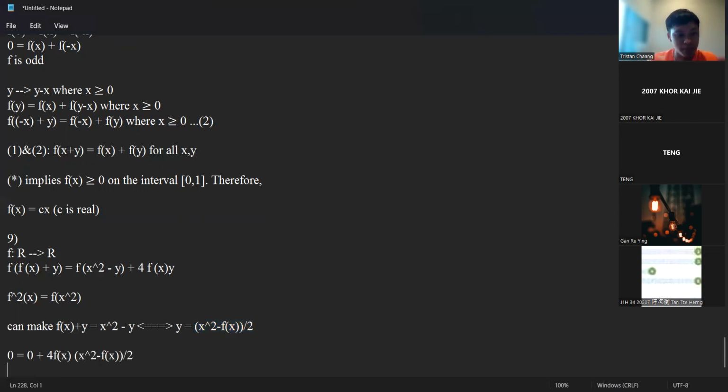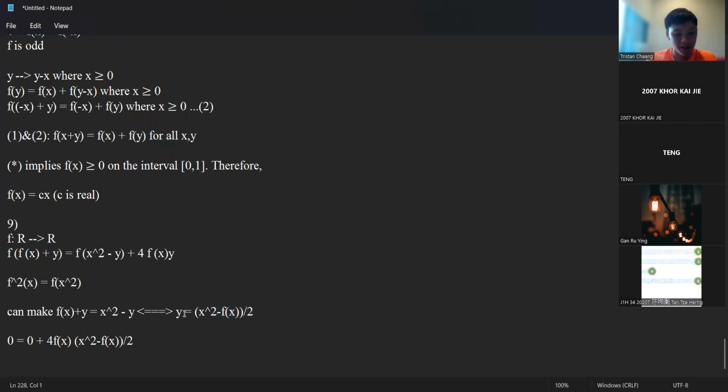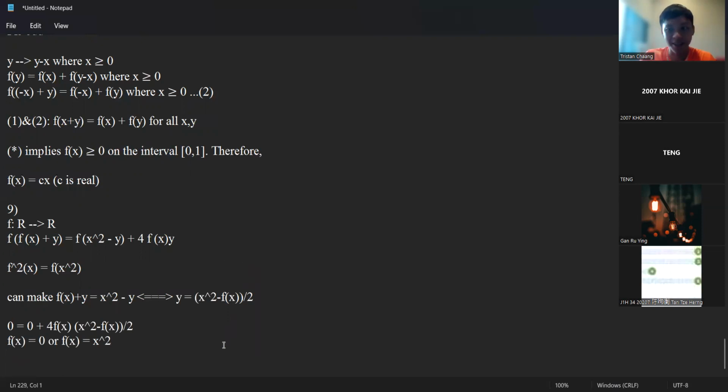And we just have two cases left. Basically f(x) is 0 or f(x) is x squared. Now, of course, this is another pointwise trap, and I think this one is a bit harder to resolve, but let's just treat it anyway.